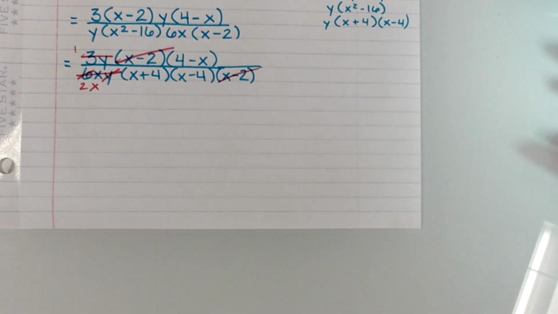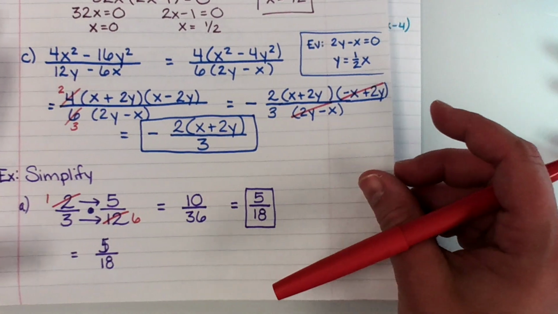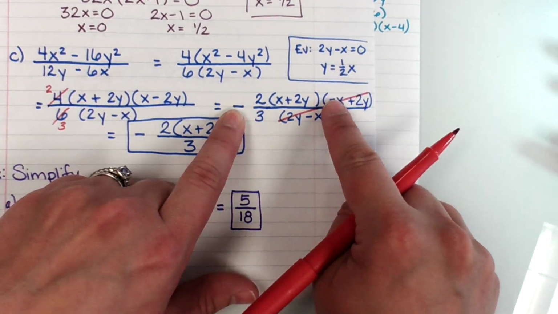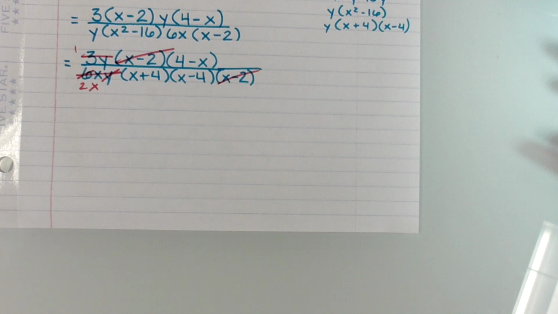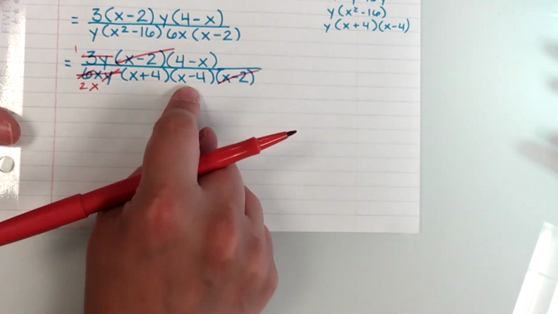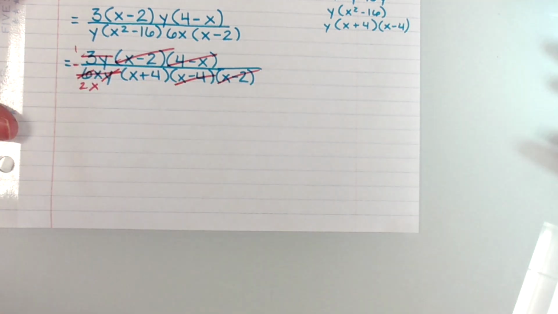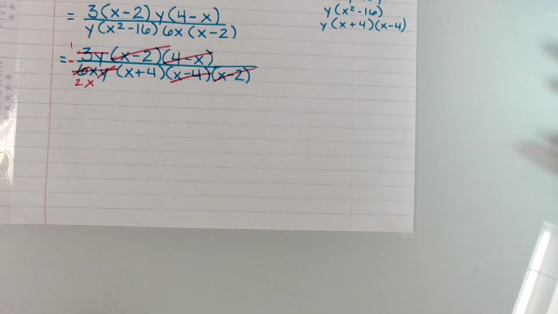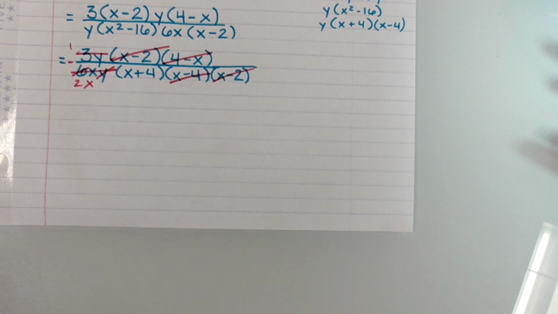Now, earlier when I did this, I went through, I wrote the negative, I wrote the actual factored out form. If you recognize that they are opposites, you also can just cross them off and put the negative in front. You don't have to write out the negative factored out specifically.